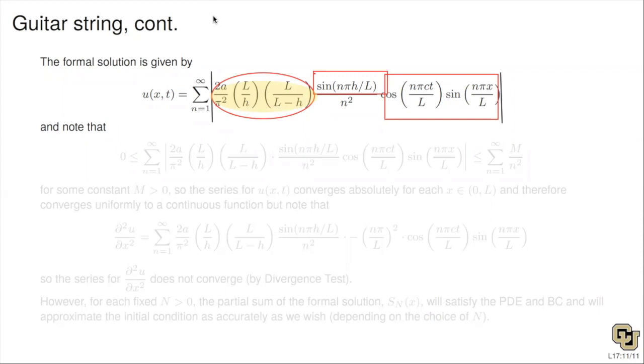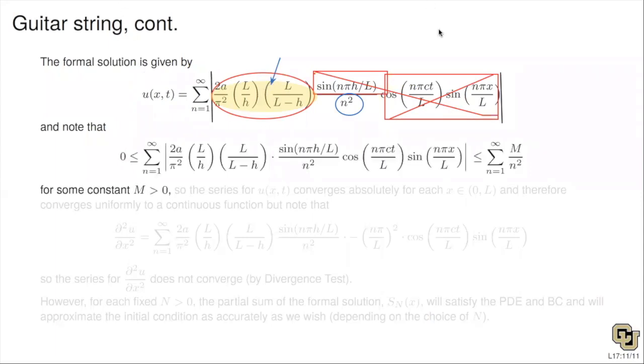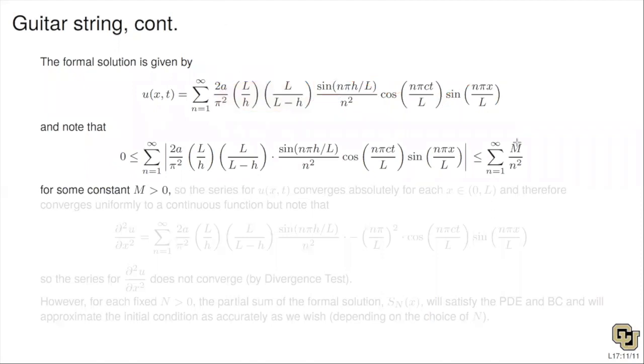So let me get rid of this. The only thing that's really going to hang around is this n squared down here, and then right here we'll have a constant. I'll just replace that with a constant. So that's what I have right here. There's the n squared, everything else we can bound by 1.